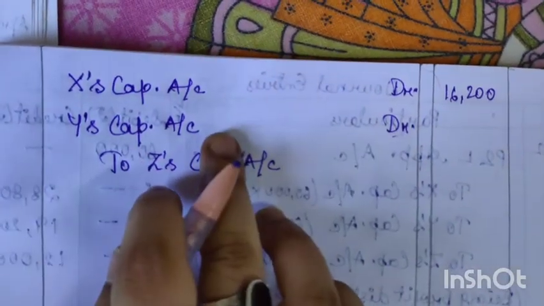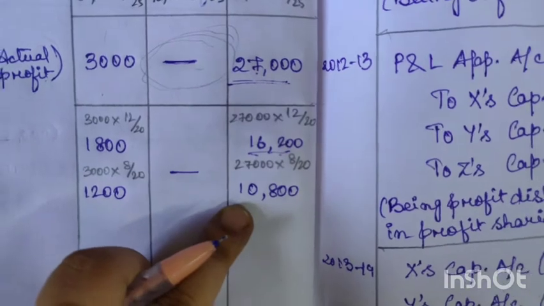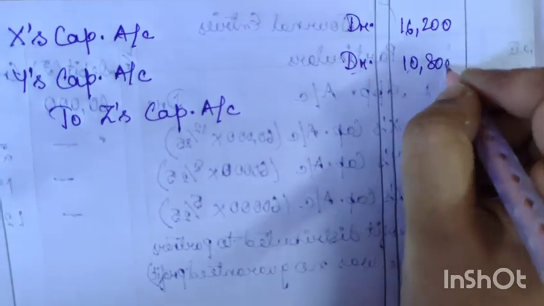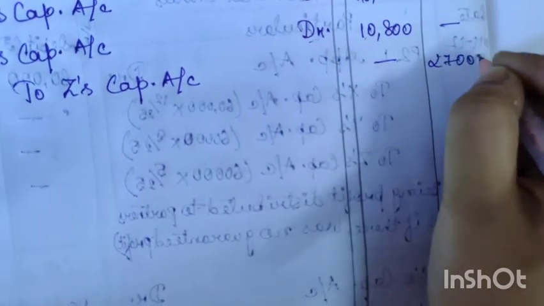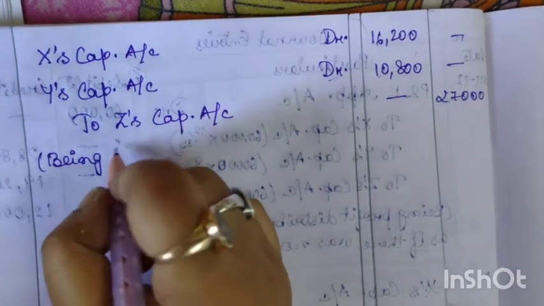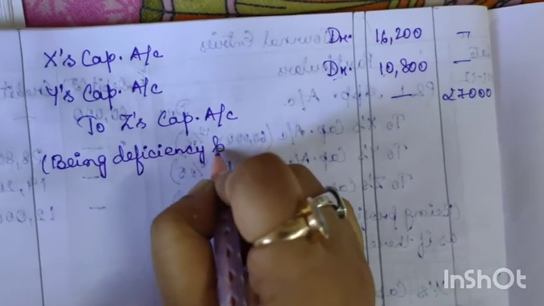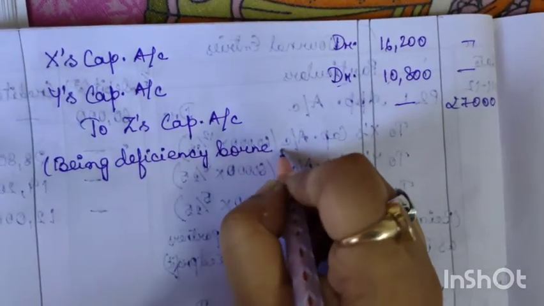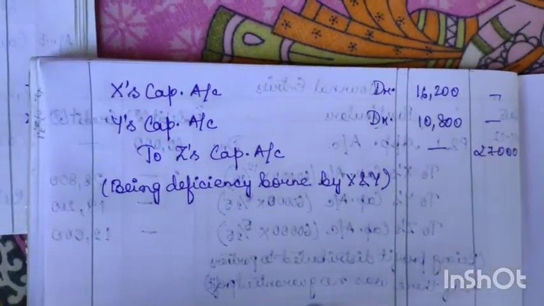Okay, then in Y's capital account, how much deficiency met? Y has met 10,800. So we will write in the debit side 10,800. To Z's capital account, in total it will be 27,000. Okay, now the narration will be, being deficiency borne by X and Y. Okay, so third year is also done.